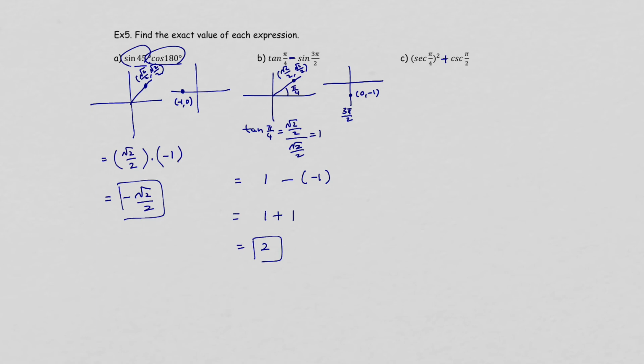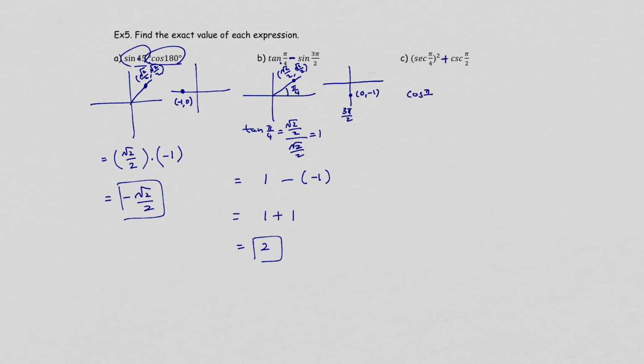Let's try one more. Pi over 4, we've been doing pi over 4, right? This is pi over 4. So when you want to find secant, it is related to cosine, right? And what's the cosine of pi over 4? Cosine of pi over 4, let me write that.